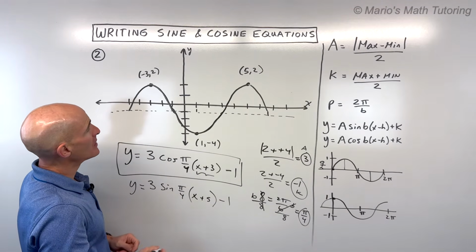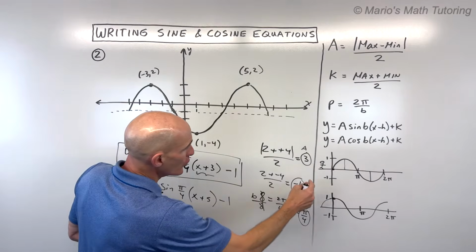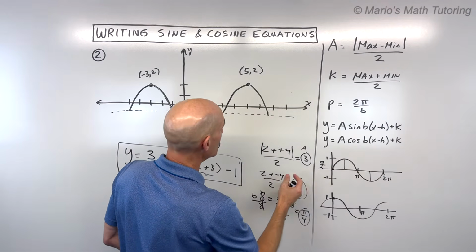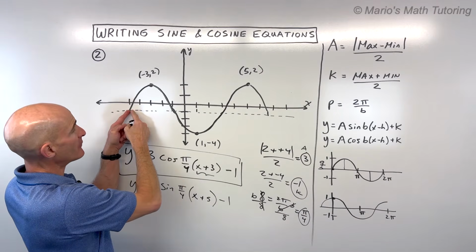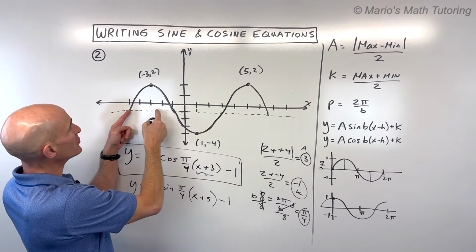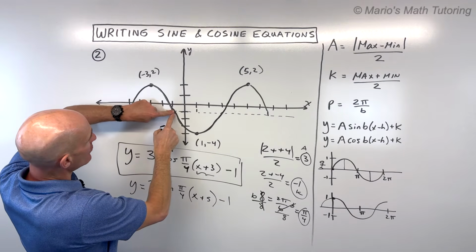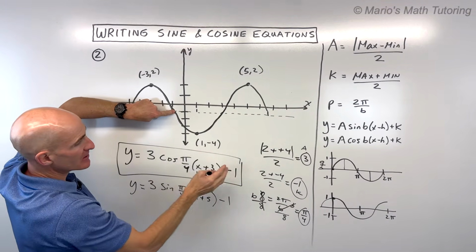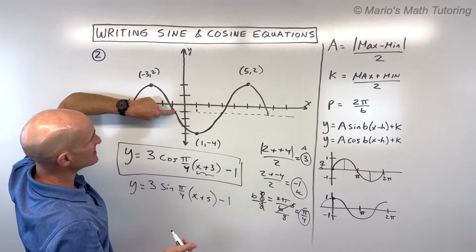That's one idea. Another idea is, notice from here to here, this is half a period. In this example, that's half of 8, which is 4. So 1, 2, 3, 4. I could start right here, but you can see this is like a sine graph that's been reflected over the x-axis.